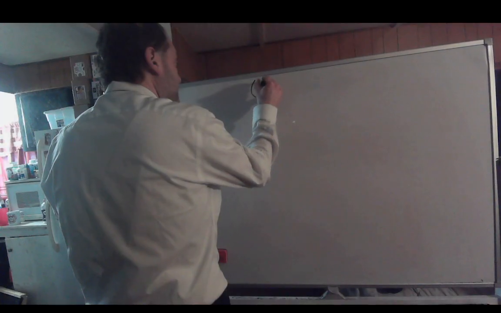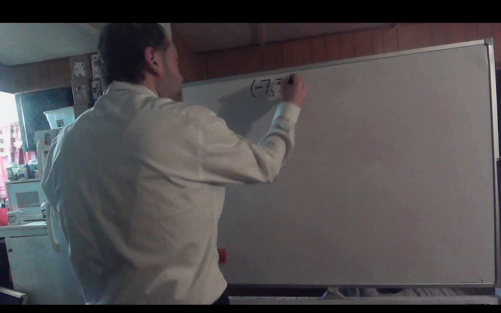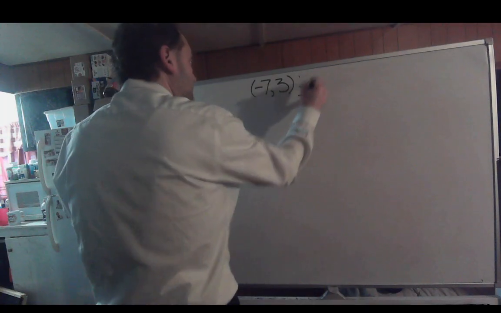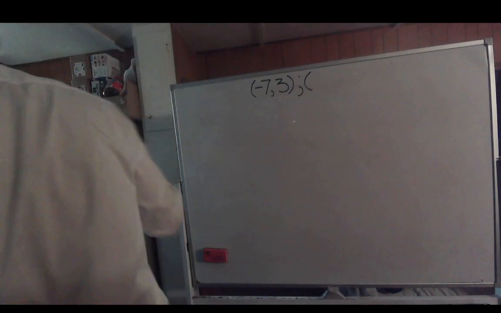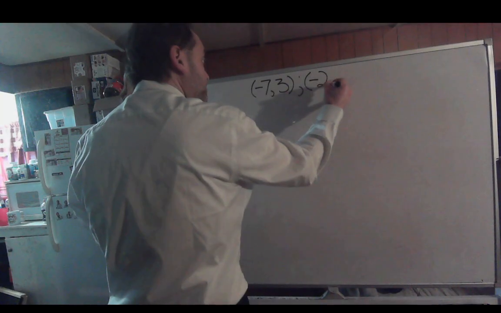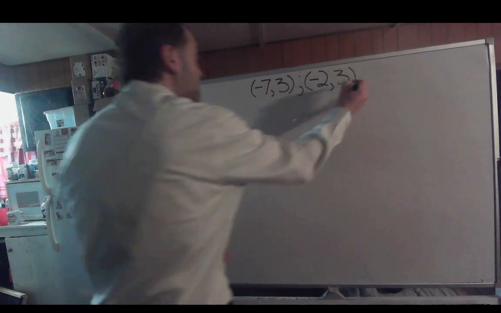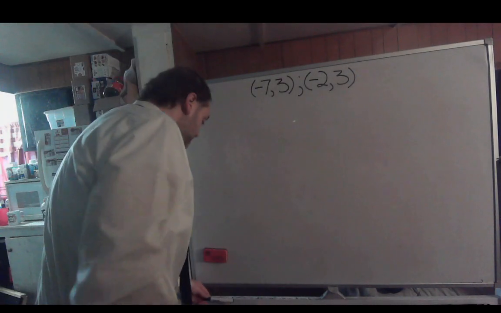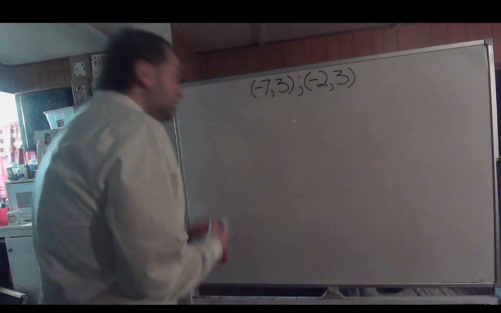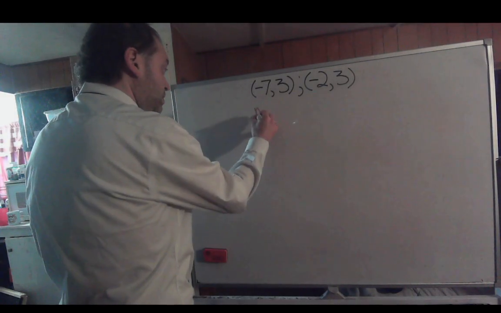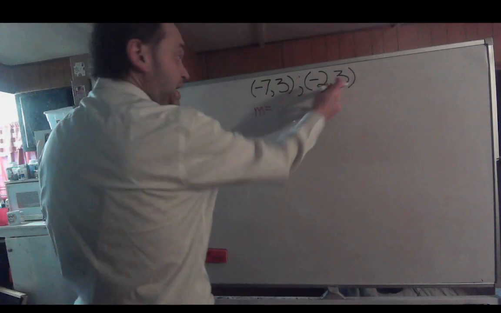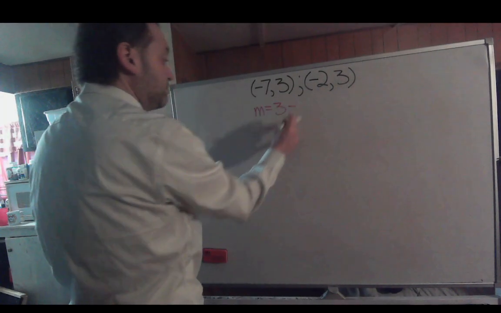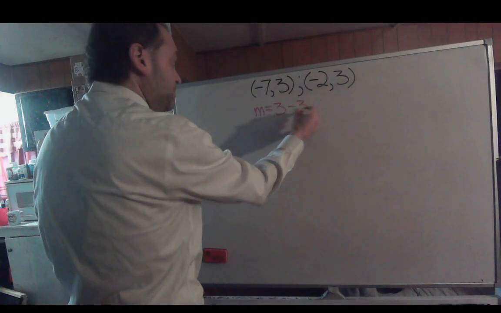Now, I have the point negative 7, 3 as well as negative 2, 3. I need to find the slope between negative 7, 3 and negative 2, 3. Start out like you did before. Take your second y coordinate of 3 minus your first y coordinate of 3.